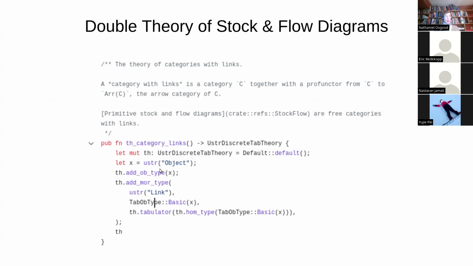It has a single object, and it has a pro arrow, and this pro arrow is associated with something called a tabulator.